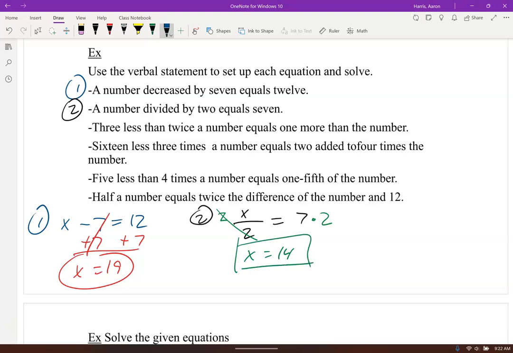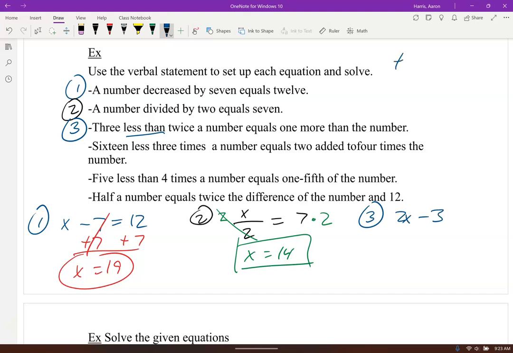Number 3. 3 less than twice a number. Now when you hear less than, it's the opposite order. See how I did that?